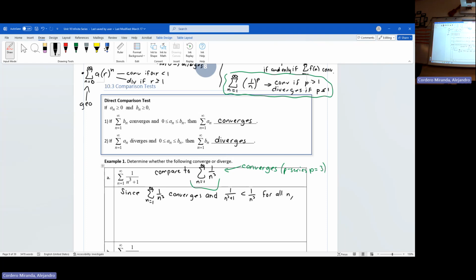Since that converges and that's true for all n, it must be true that this series also converges, by the direct comparison test. The series, n goes from 1 to infinity of 1 over n cubed plus 1, must also converge.